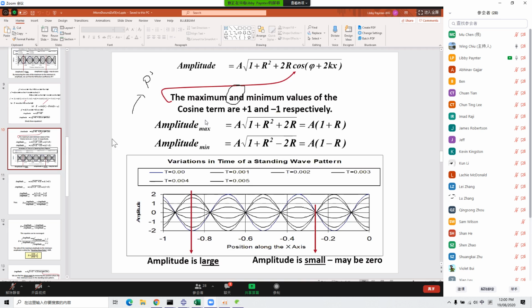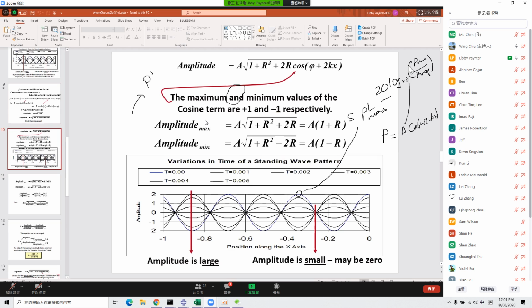This amplitude max is the SPL max. The sound pressure level is defined as 20 log of P_RMS over P reference, remember? And the pressure is A cos(ωt minus kx).